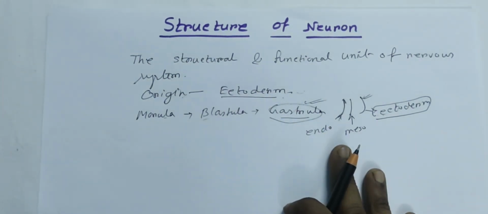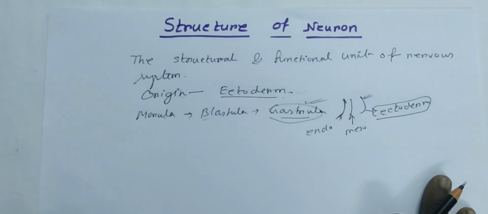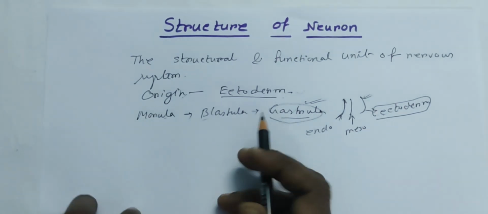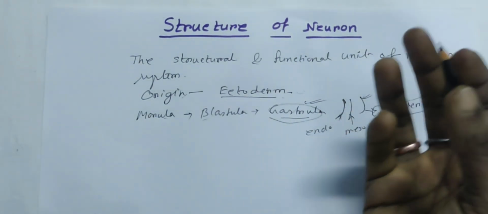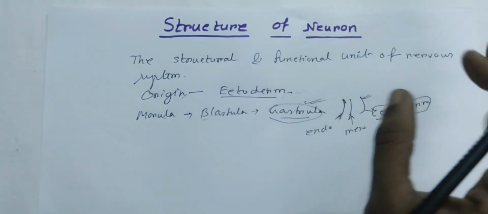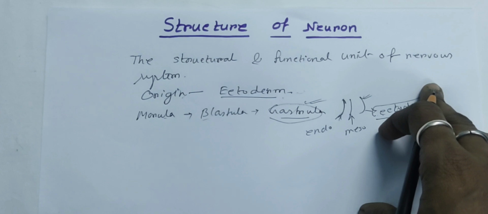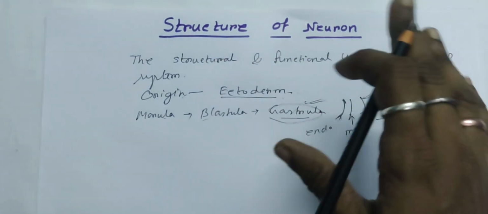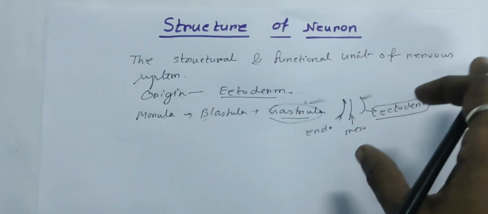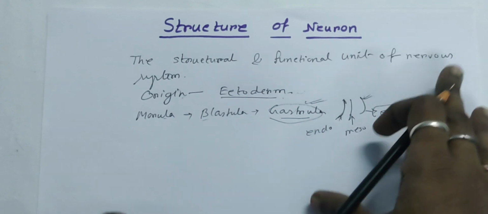Now, the nature of the neuron is that it is an excitable cell as it generates the action potential. What is action potential? Action potential is when the impulse comes to the neuron, it conducts the impulse throughout the membrane of the neuron. Whenever the impulse is conducted through the neuron, it changes the charges across the membrane. That charge change is called the action potential.